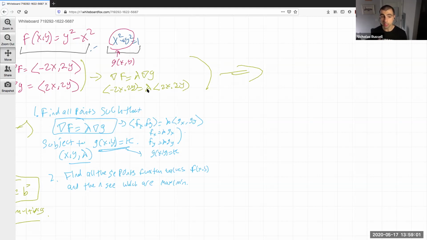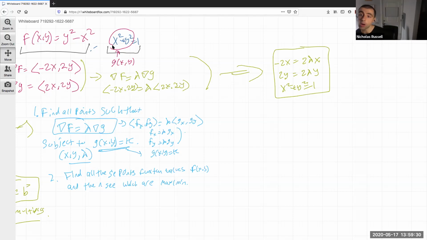I have negative 2x equals lambda 2x, and I also have 2y equals lambda 2y. And then lastly, I have this constraint up here, so I need to also solve it like this. Now I have these three equations, and my goal is to find all of the points x, y that satisfy them. We can also solve for lambda if we need to.